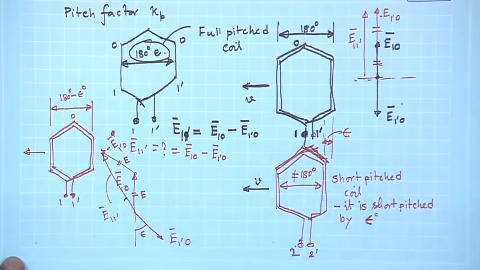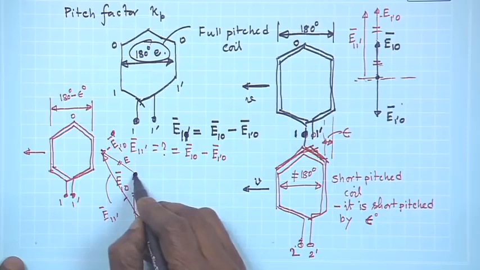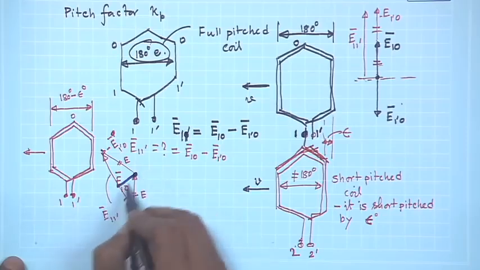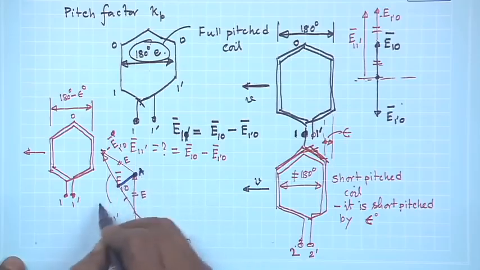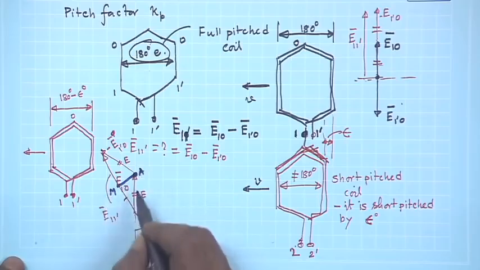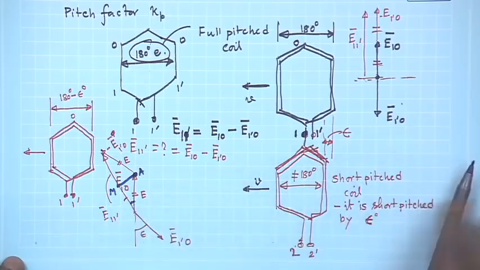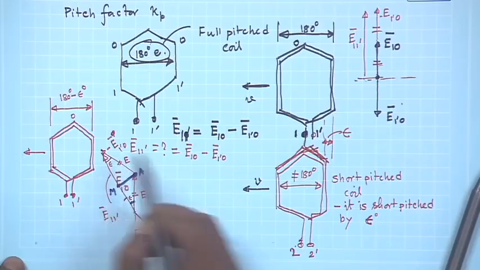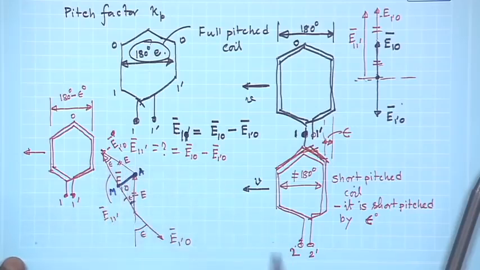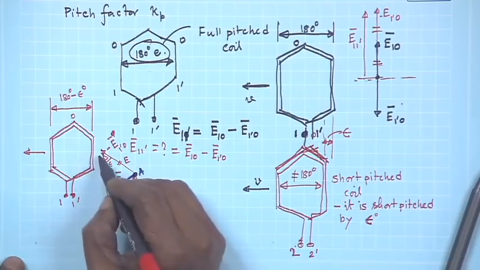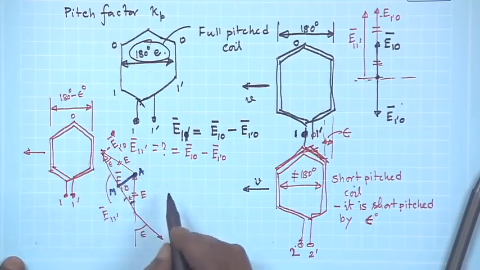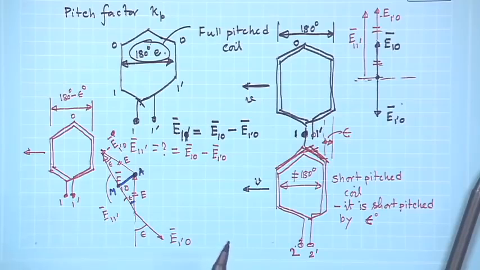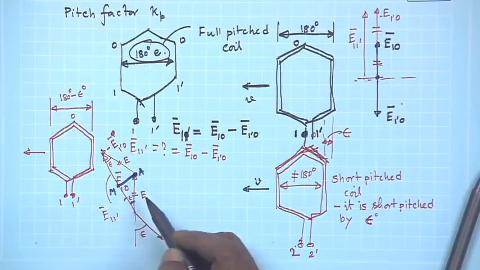To find that length, you drop a perpendicular from this point, say A m, and do not forget that this angle is epsilon, this angle too is epsilon, because these two lengths are equal.